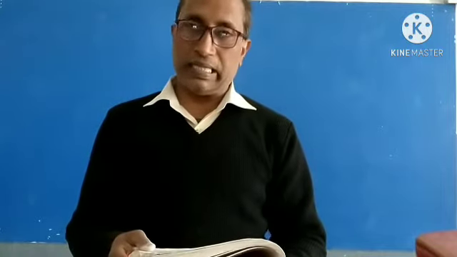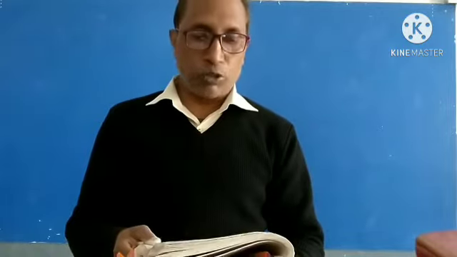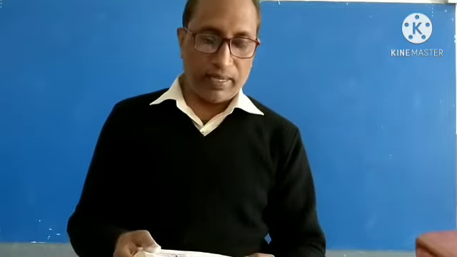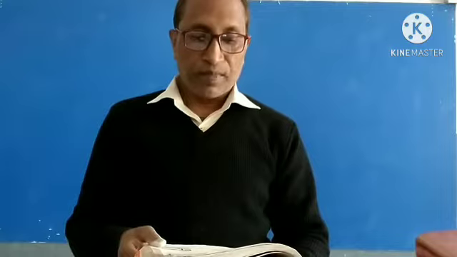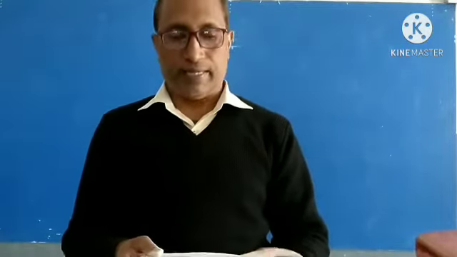And side of a cube is given 6 centimeter. In this question, you find out the volume of cuboid and volume of cube. And volume of cuboid is divided by volume of cube. You get the number of cubes which can be placed in the given cuboid.